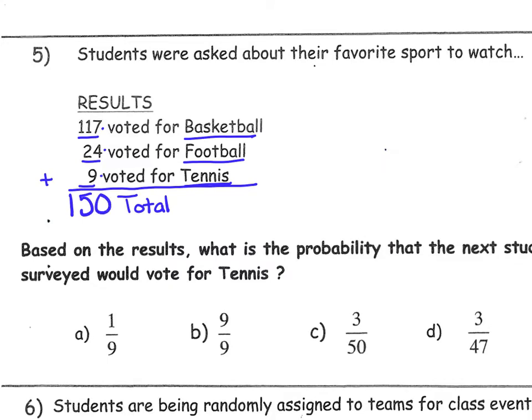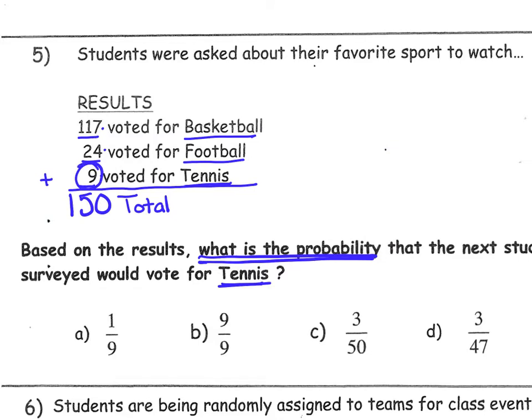Now, based on the results of that data collection, we can answer the following question. What is the probability, and you should think about fraction form first, that the next student you surveyed would vote for tennis?